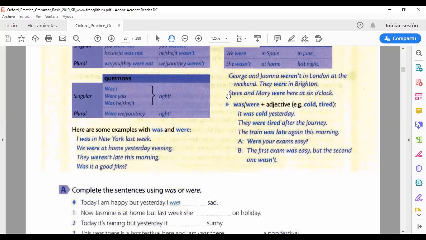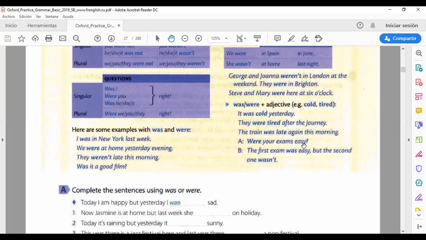Okay, plural form, two subjects, Steve and Mary, therefore we have to use were. Okay, now over here, we can also use was and were plus an adjective called tired as an example. It was cold yesterday. They were tired after the journey. The train was late again this morning.